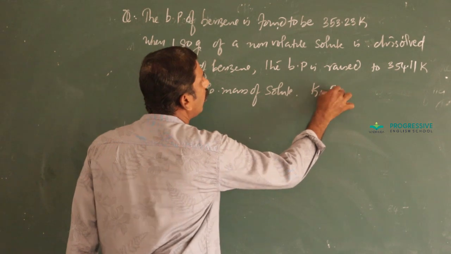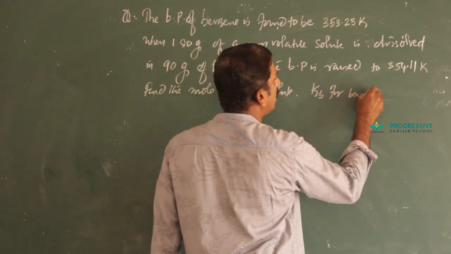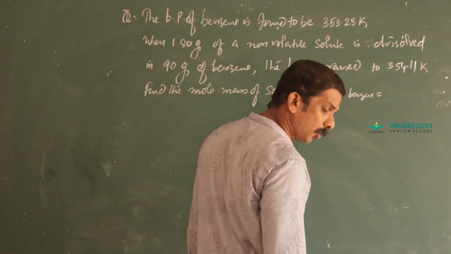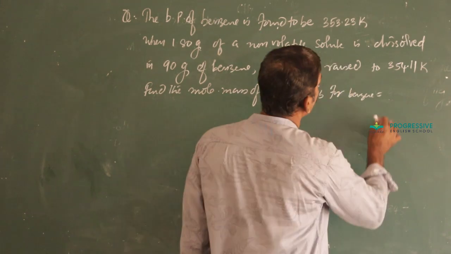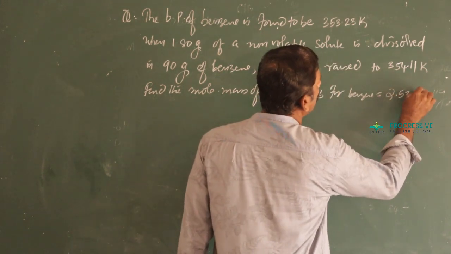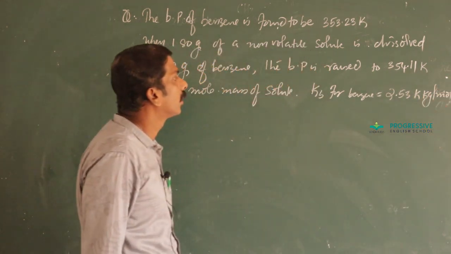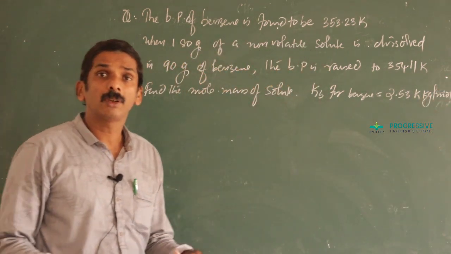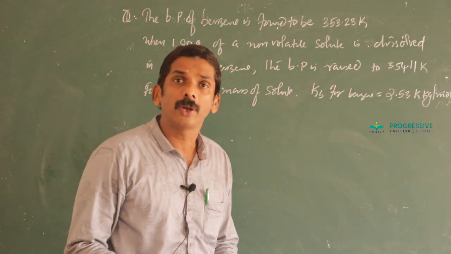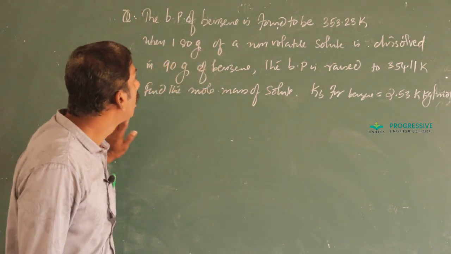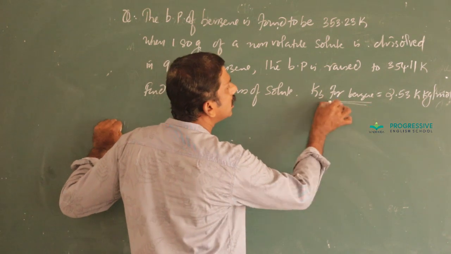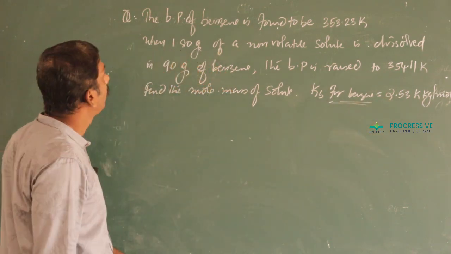Here Kb for benzene is 2.53 Kelvin kilogram per mole. Kb for water, if it is not directly given, you have to take as 0.52 Kelvin kilogram per mole. Here solvent is benzene, that is why separate value 2.53.